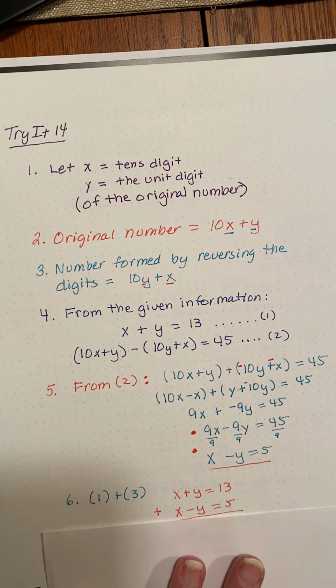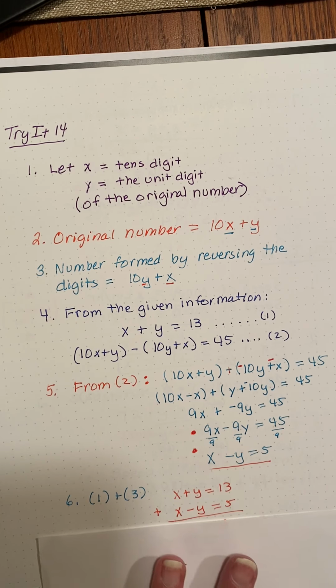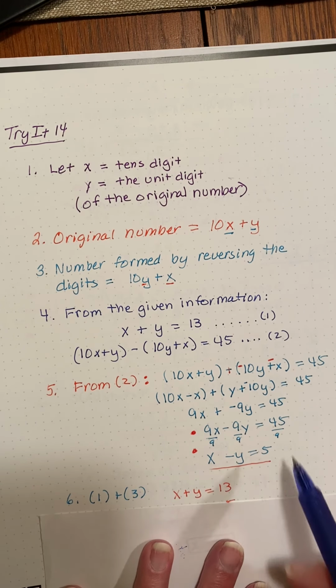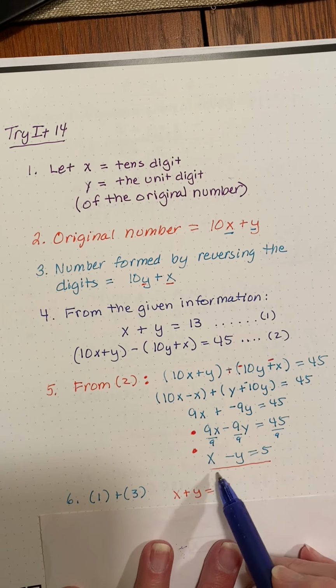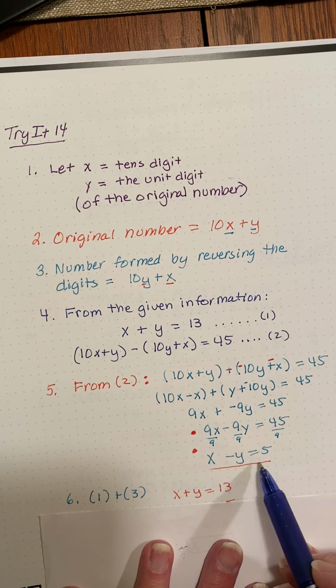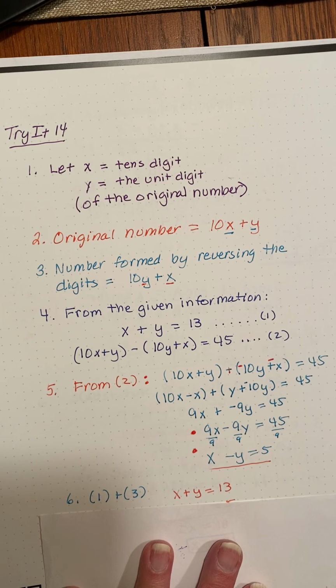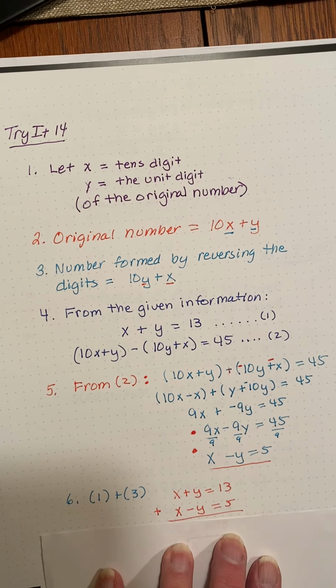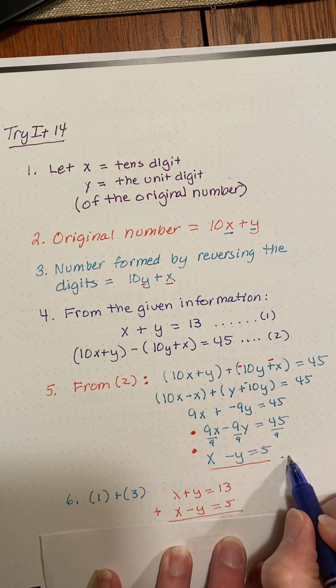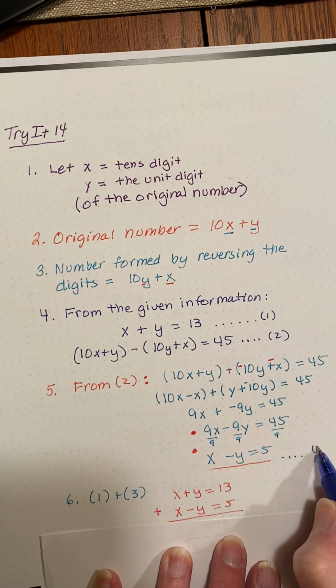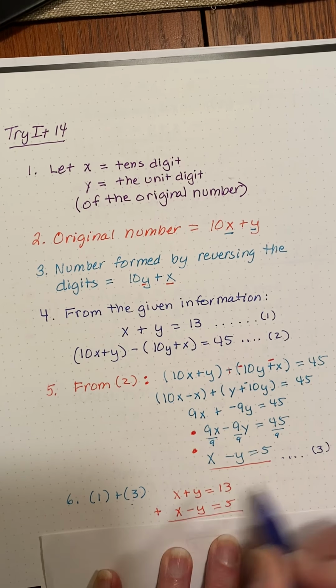And equation 3 is, let's see, where did equation 3 go? Right here, maybe? Well, equation 1 is x plus y equals 13. Yes, and I did not label this. This is actually the next equation that we made. That's where I get the 3 from.